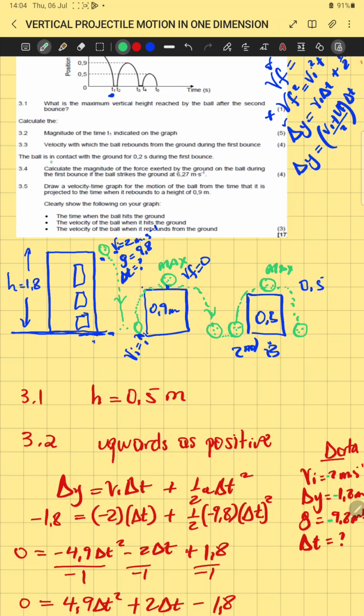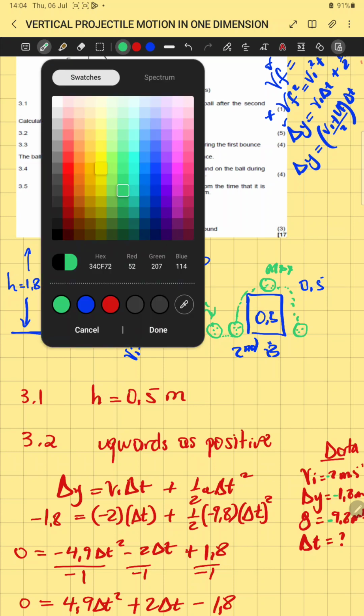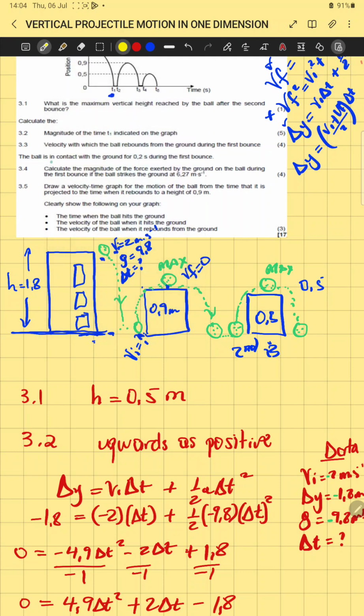I want you to note that the ball here is in contact with the ground for 0.2, and then now they say calculate the magnitude of the force exerted by the ground on the ball during the first bounce if the ball strikes the ground at. So this actually confirms the one that we have already calculated, the final velocity from that height of 1.8 to the ground. Remember, we've just got 6.27, so that means our answer is 100% correct.